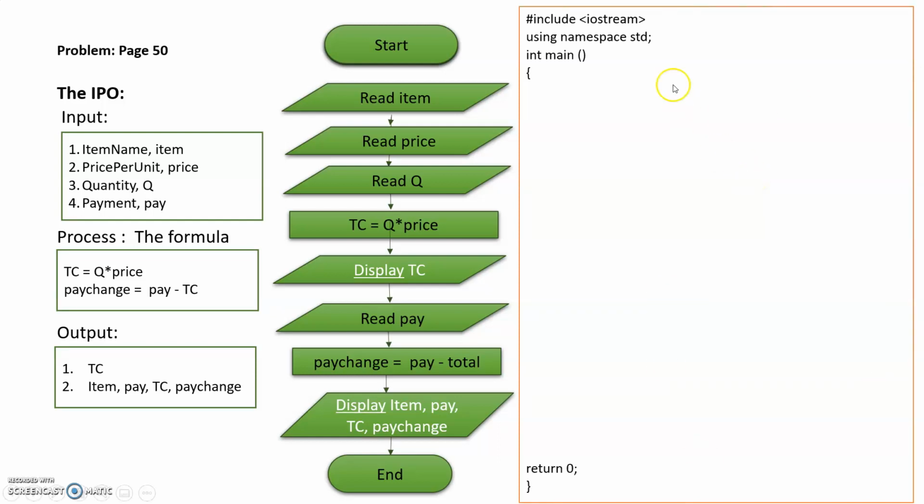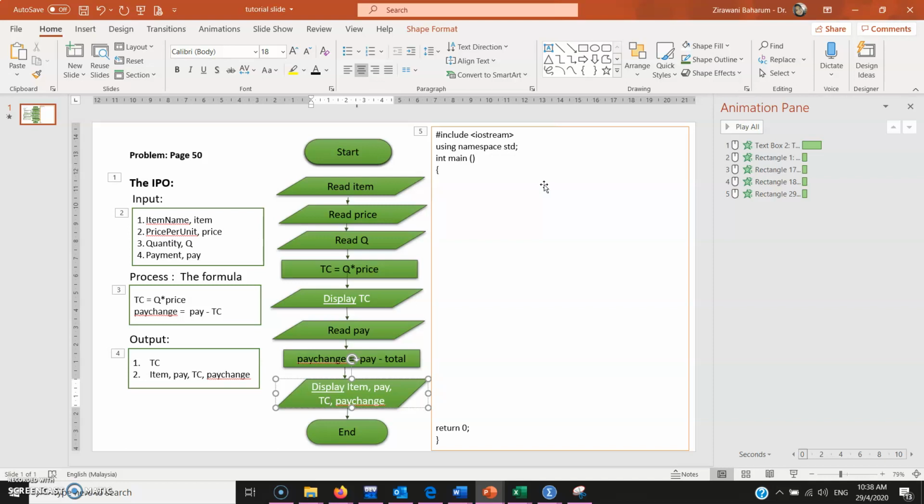Currently I just write it down here to make it clear how we are converting from shape to coding. This is the terminal for start and for end. So let's do it together, how we convert it shape by shape in this PowerPoint.